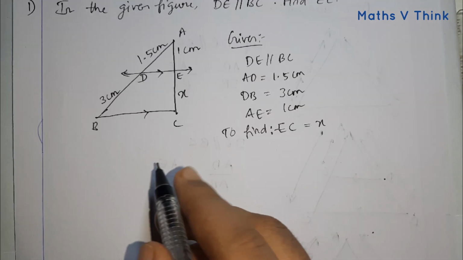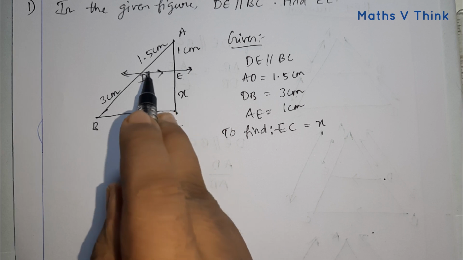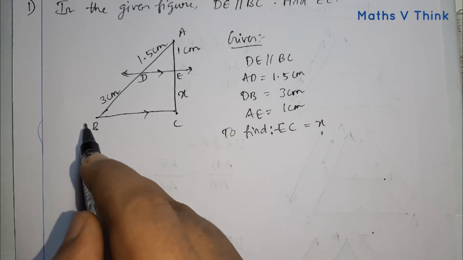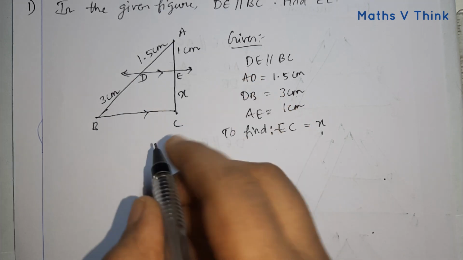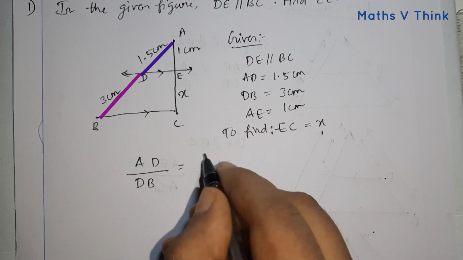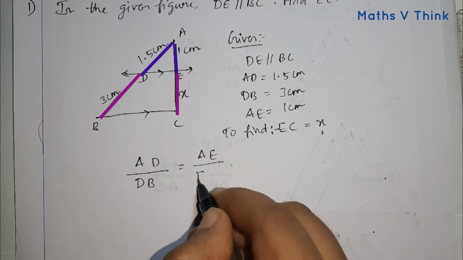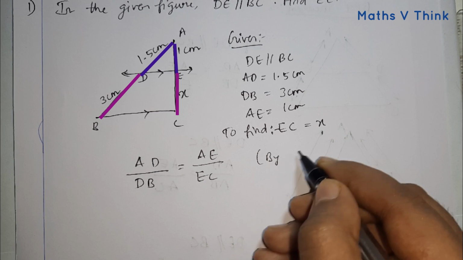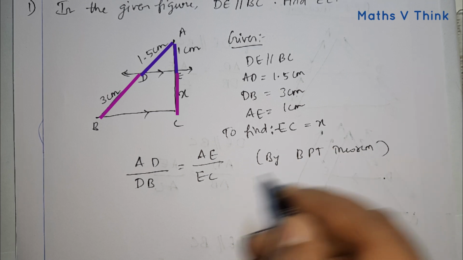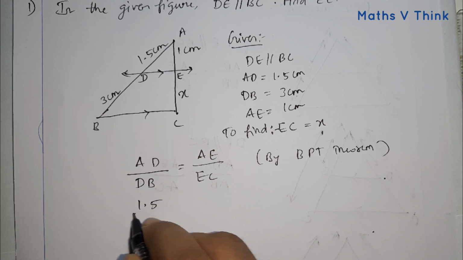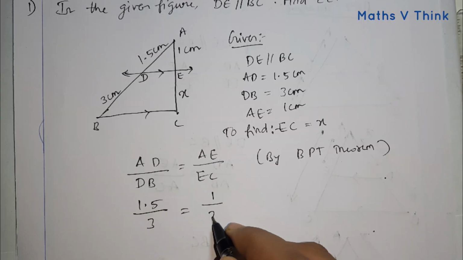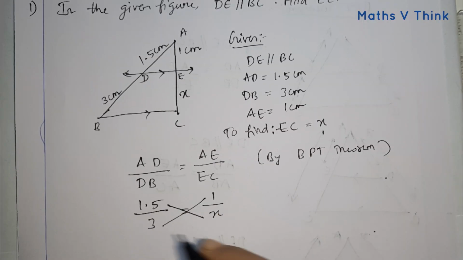In the BPT theorem, we already know when this line is parallel to this, I can write AD by DB is equal to AE by EC. So writing AD by DB is equal to AE by EC by the BPT theorem. Substituting the values, 1.5 divided by 3 is equal to 1 by X. Now cross multiply.